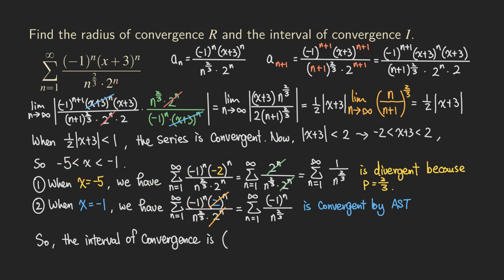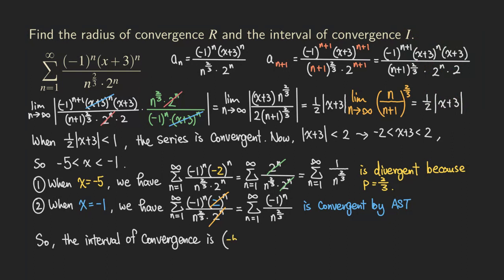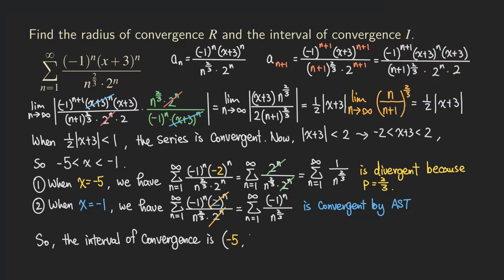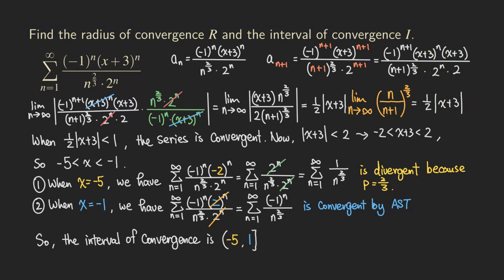So we have parentheses right here that indicate we are not including that endpoint. So the -5 goes right here. Comma. And now, because when x is equal to -1 we are getting an alternating series that's convergent, we get -1 right here. And this time we use a bracket because it's convergent.